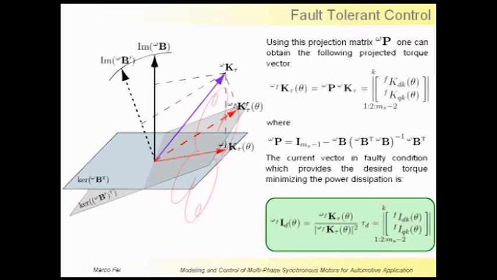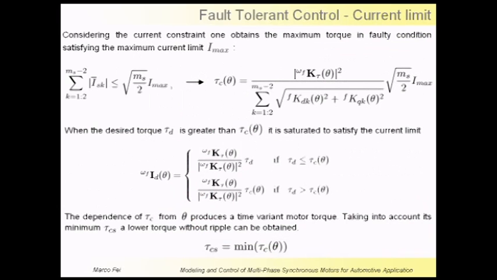Anyway, using a sliding mode technique, it's possible to implement the motor drive. Using this control, the amplitude of the remaining healthy currents increases, so it is necessary to take into account also the current constraint.